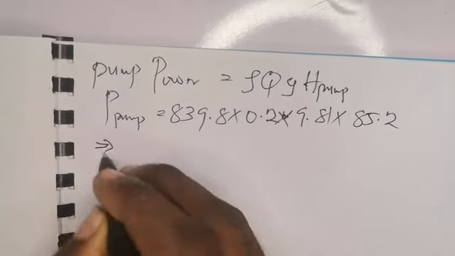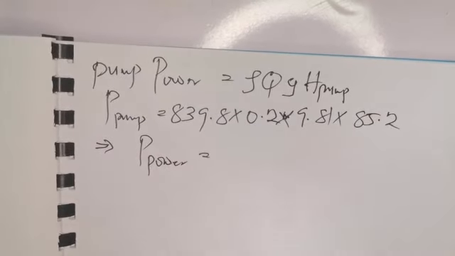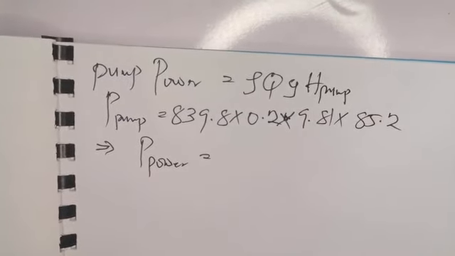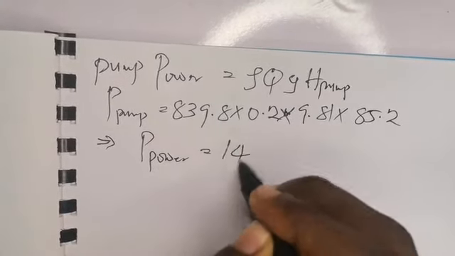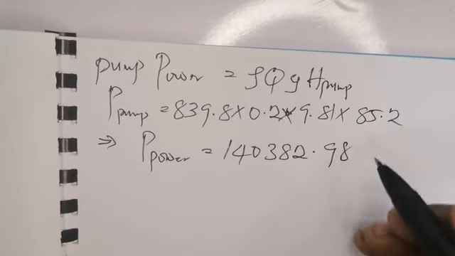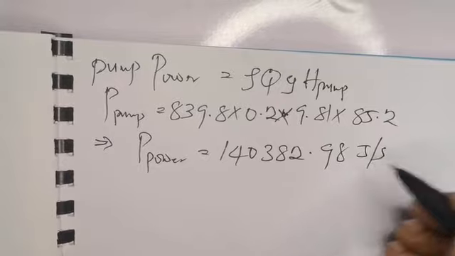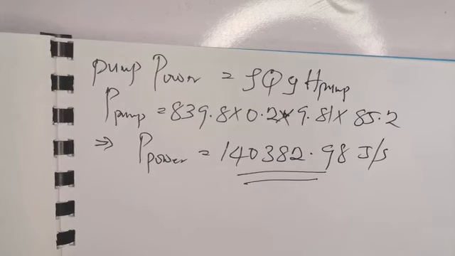Let's multiply everything together. That gives us the pump power to be 140,382.98 joules per second. So this is the value of the pump power.